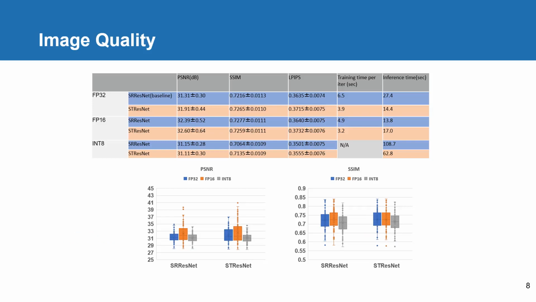So our ST-ResNet achieved better PSNR and SSIM compared to the baseline in the full precision floating point 32 inference. Quantization obviously has a negative impact on the image quality using PSNR and SSIM metrics. However, compared to the baseline model, ST-ResNet with 8-bit quantization achieved even better perceptual quality by LPIPS.